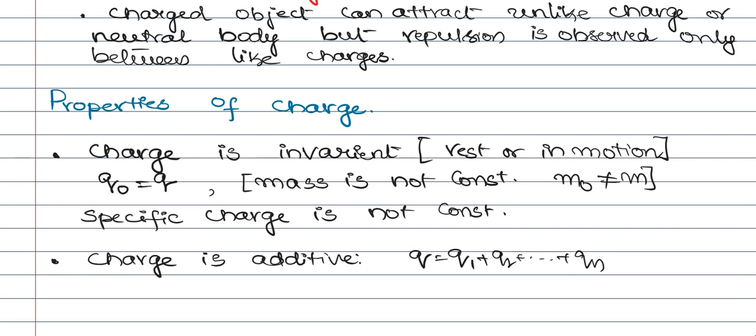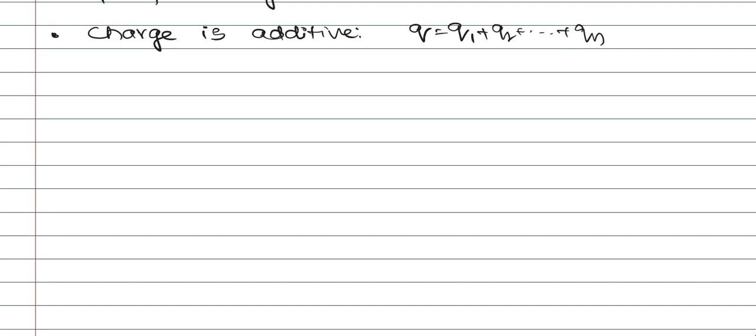The next point is that charge is conserved. We are not adding or removing any charge. We are just transferring charge from one object to another object. We are not creating or destroying. The charge is conserved.